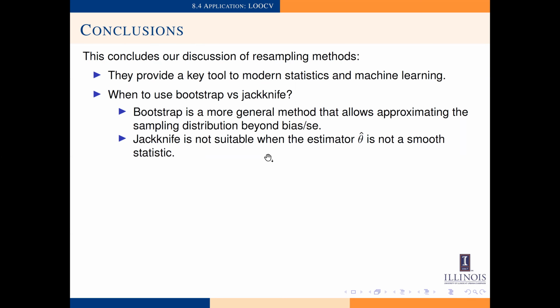In addition, as we have mentioned, Jackknife is not suitable when the estimator theta hat is not a smooth statistic. For example, you shouldn't use it for the sample median, so that's the 50th percentile of your sample, which is not a smooth function.